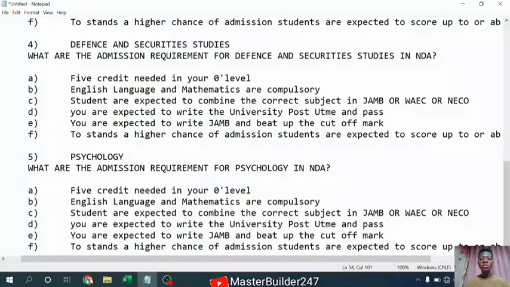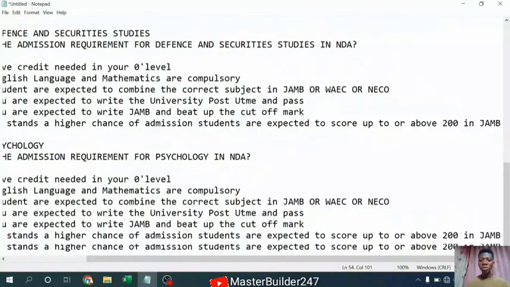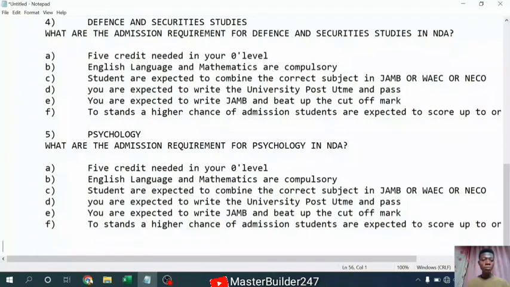And you are expected to write JAMB and beat the JAMB cutoff mark. Also, to stand a chance of admission into the course, you're expected to score up to or above 200 in your JAMB. So take that seriously.